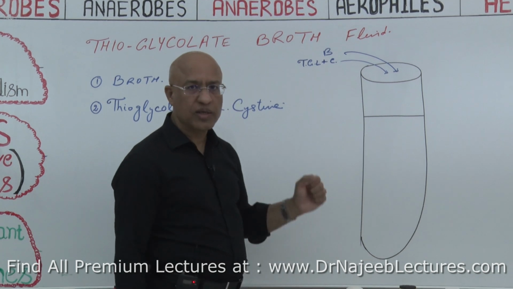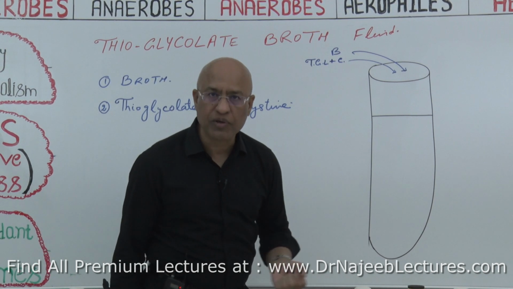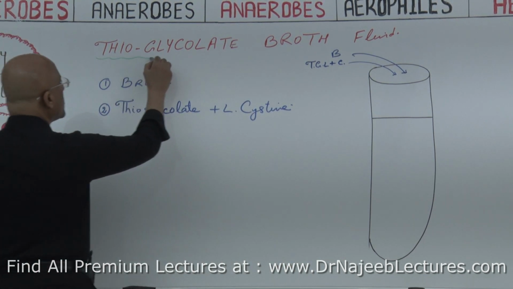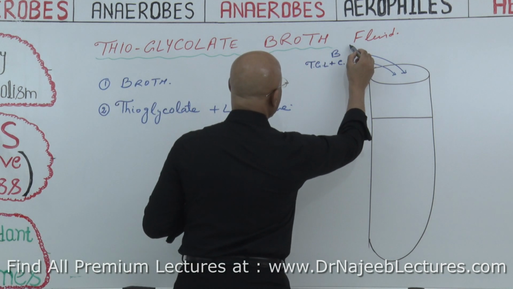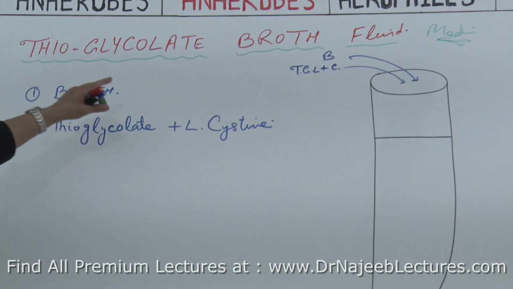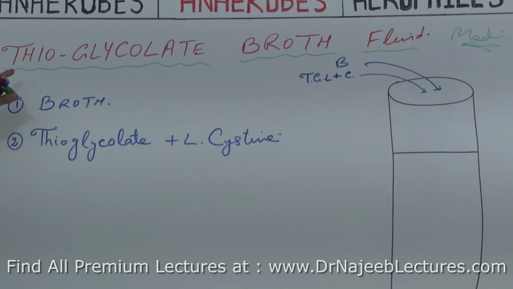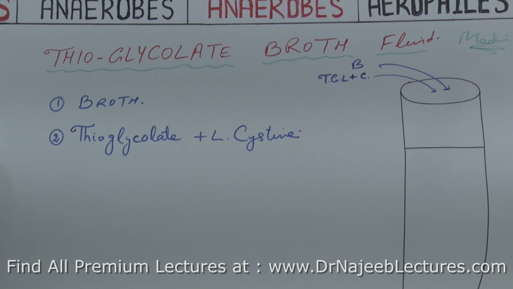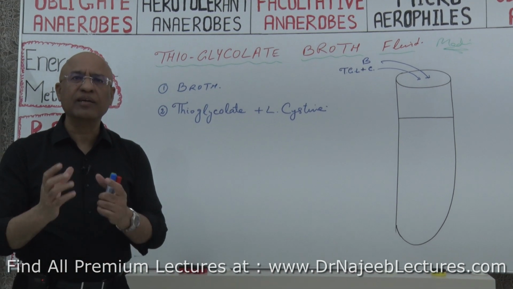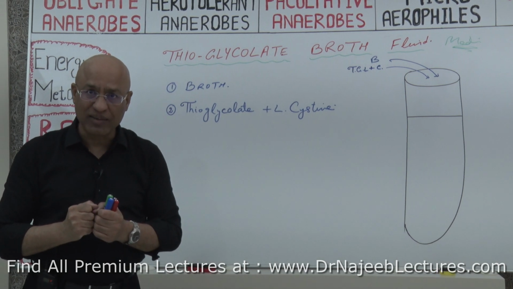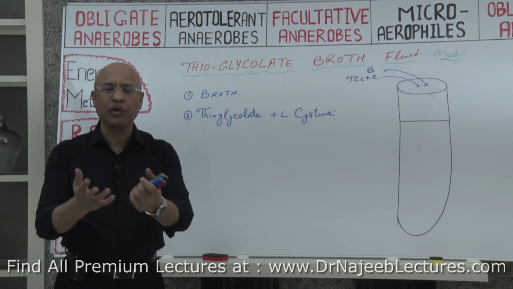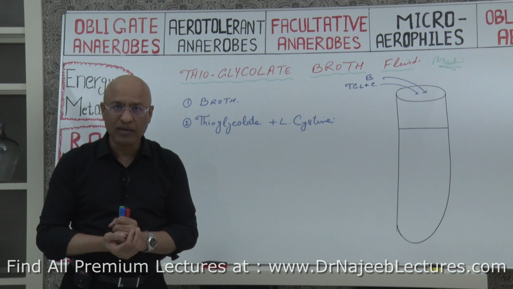And they neutralize the oxygen and make the molecular oxygen unavailable for the bacteria. That is why this is called thioglycolate broth fluid medium. Thioglycolate and cysteine act as reducing agents, or if you cannot remember reducing agents, just remember thioglycolate and cysteine are acting as an oxygen removal mechanism, right? And trying to produce what? An anaerobic environment without oxygen within the culture medium, right?